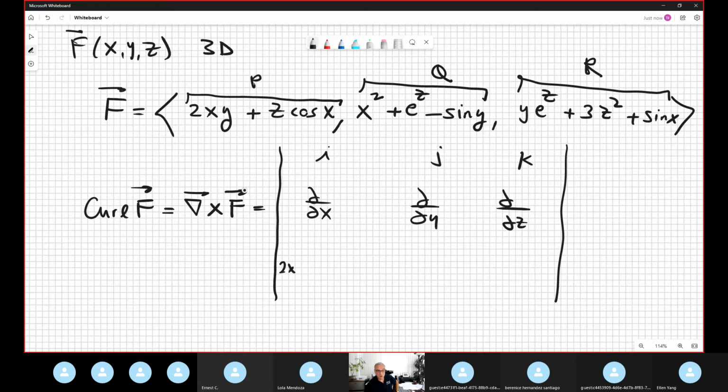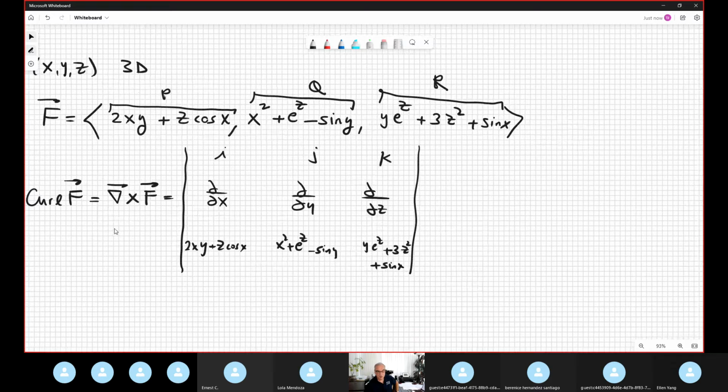It's 2xy plus z cosine x. This is x squared plus e to the z minus sine y. And finally is y e to the z plus 3z squared plus sine x. Okay, looks long, but no. And remember, my recommendation is copy i minus j and k. You know, you're familiar with this.